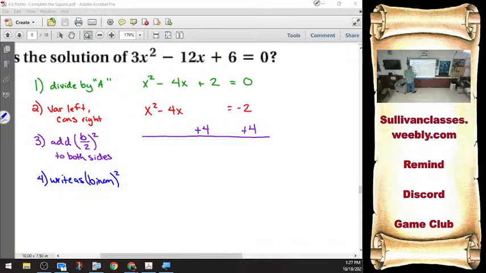Write it as a binomial squared. It's always going to be of the form x plus b over 2 squared, just like that first slide that had the little rectangles on it. What factors of 4 add up to negative 4? Negative 2 and negative 2, right? So I can write it as x minus 2, the quantity squared.